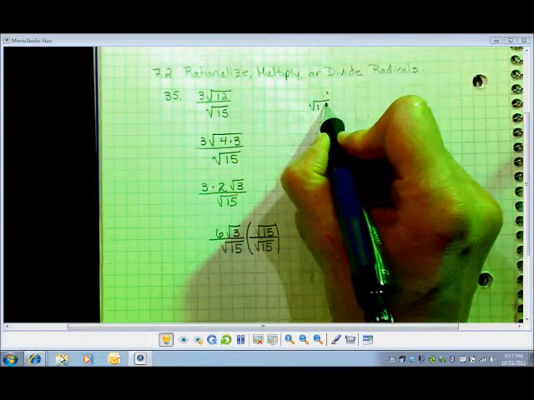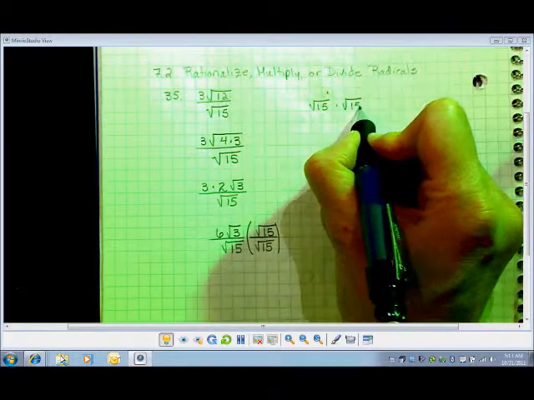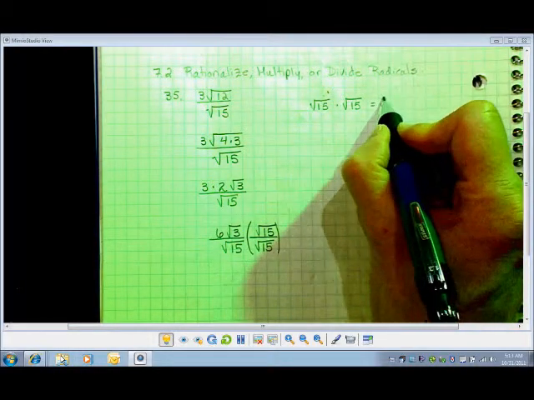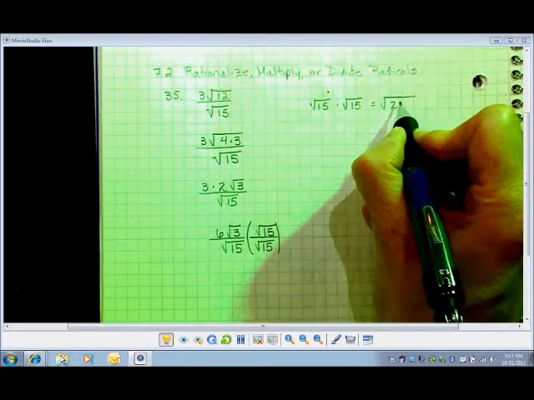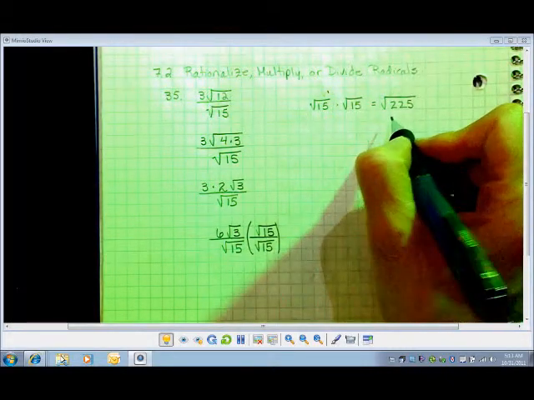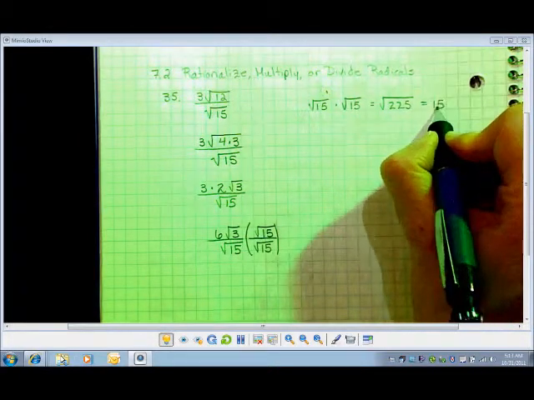Square root of 15 times the square root of 15 equals the square root of 225, and the square root of 225 is 15.